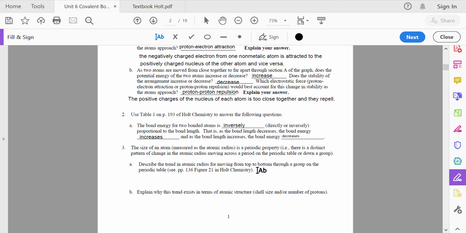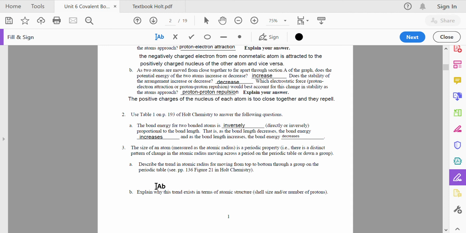Okay. I don't know what happened to the font there, but anyway, the size of an atom measured as the atomic radius is a periodic property. That means it changes, either bigger or smaller, depending on where you are in the periodic table. There's a distinct pattern of change in the atomic radius moving across a period of the periodic table or down a group.